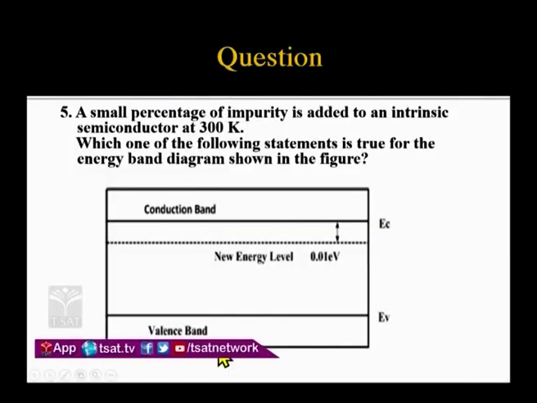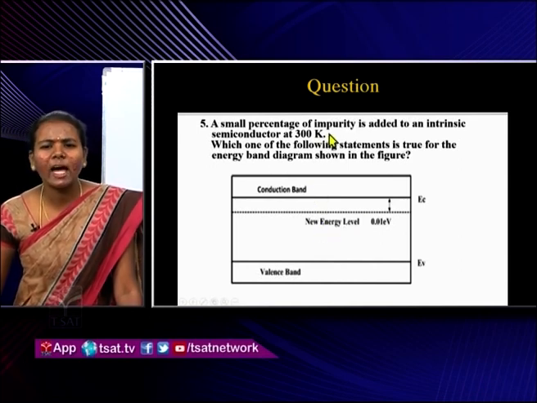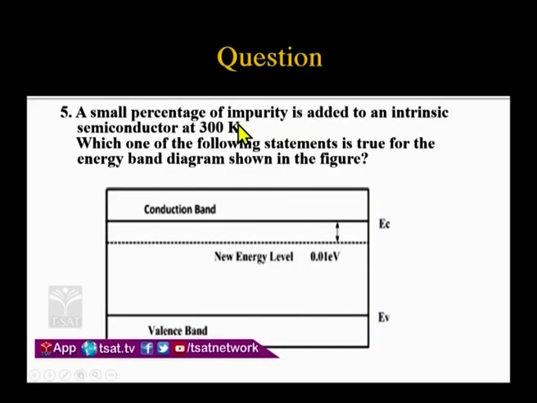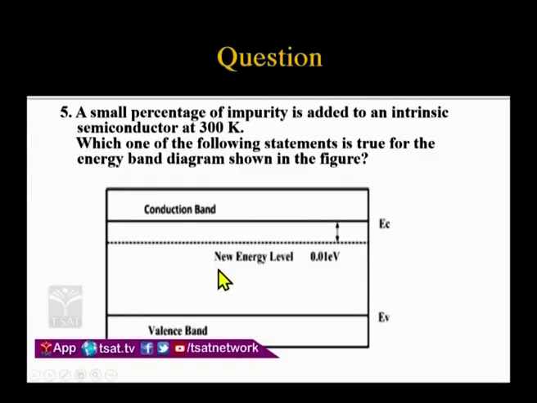So we have the valence band and the conduction band here. The new energy level means they have doped the semiconductor with some impurity. We don't know what that impurity is. The new energy level is this one, and it is near to the conduction band.